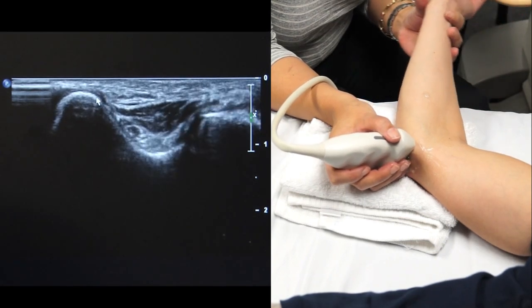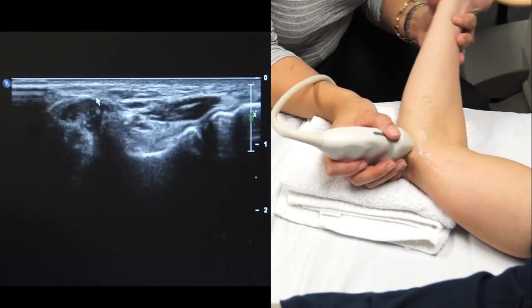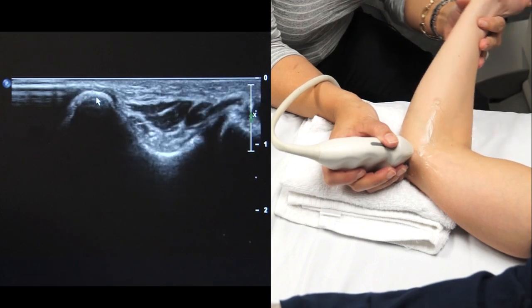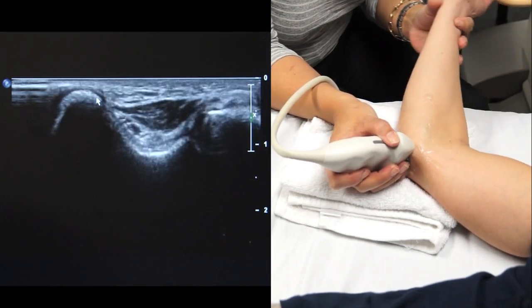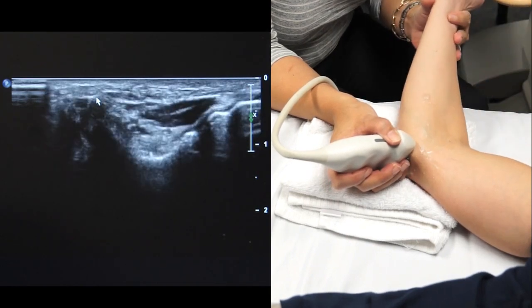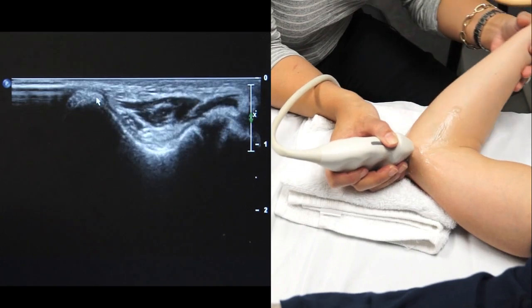So you can flex and extend at the elbow while scanning and see if the ulnar nerve will sublux or dislocate. And you can see that her nerve sits nicely in that groove and does not sublux.